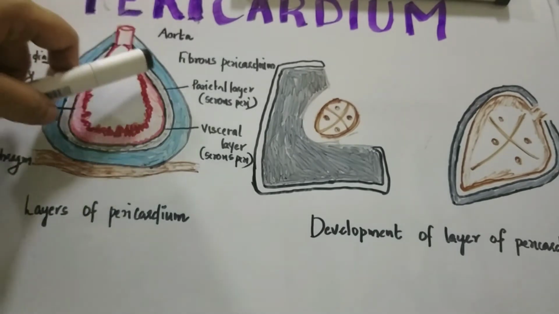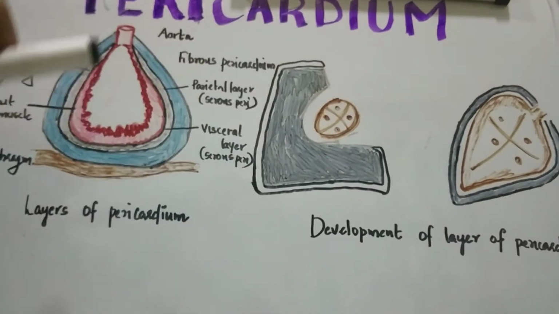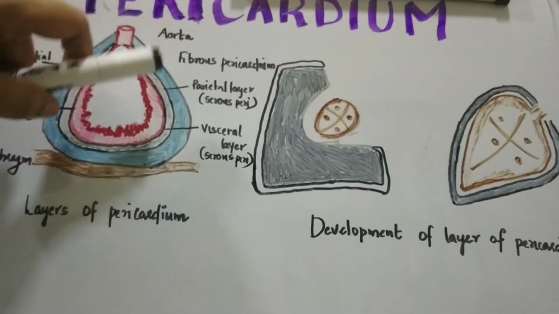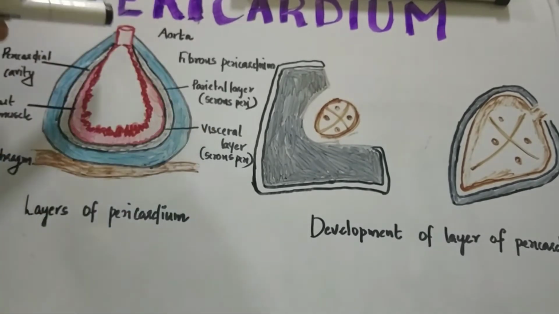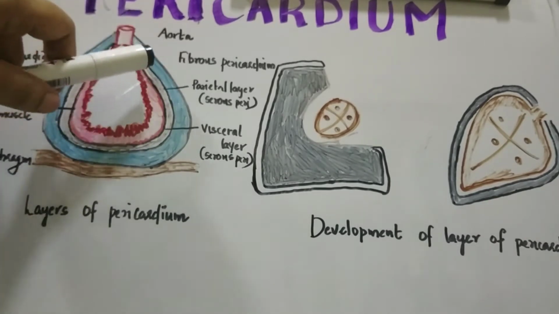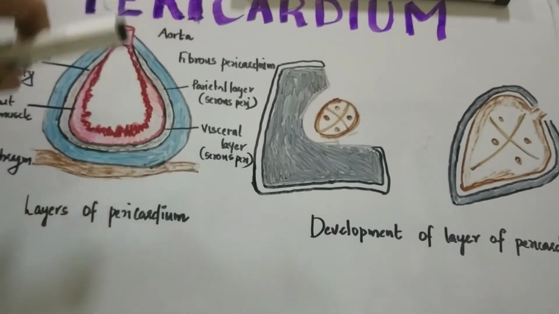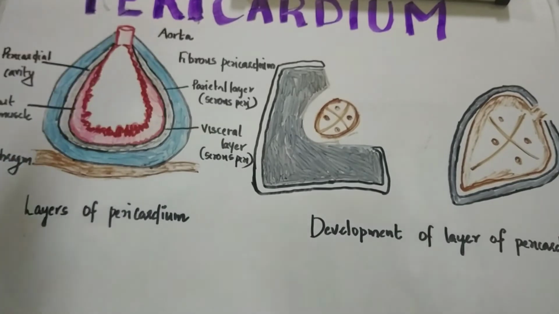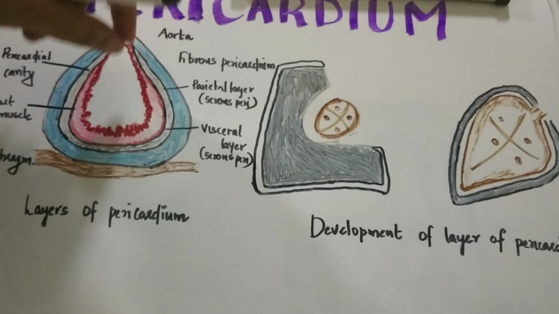The parietal and visceral layers are continuous at the root of the great vessels, that is the aorta, superior and inferior vena cava, the pulmonary trunk and the pulmonary veins.